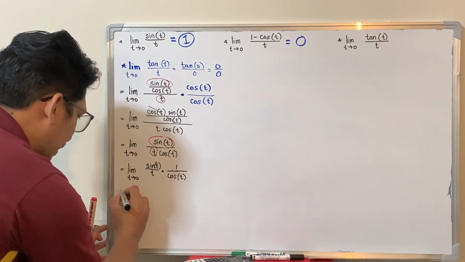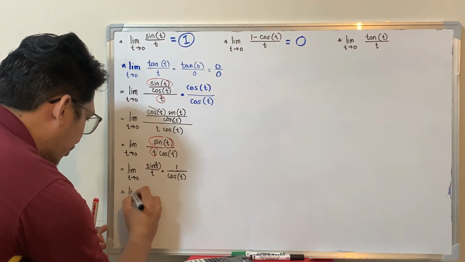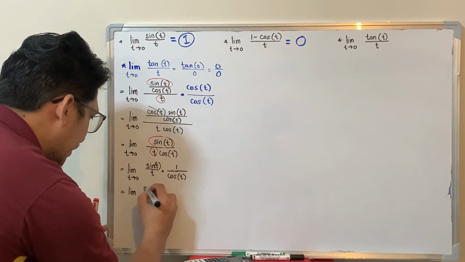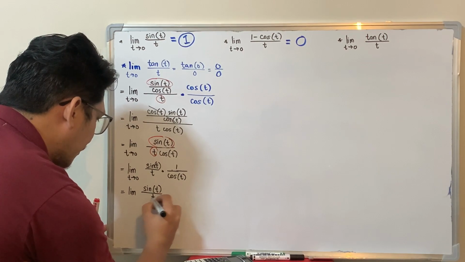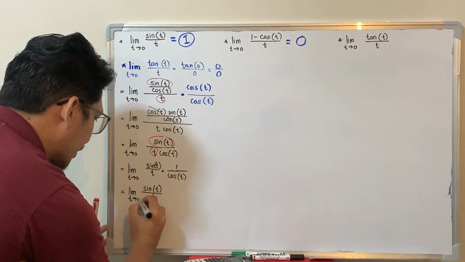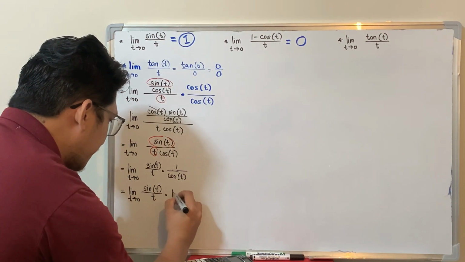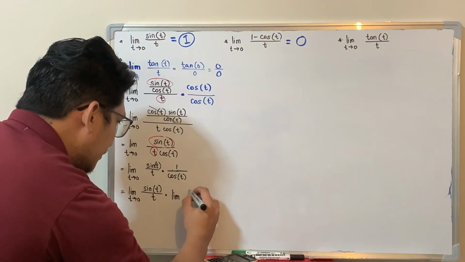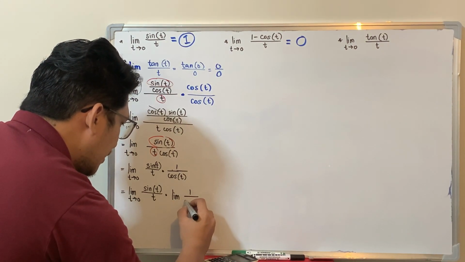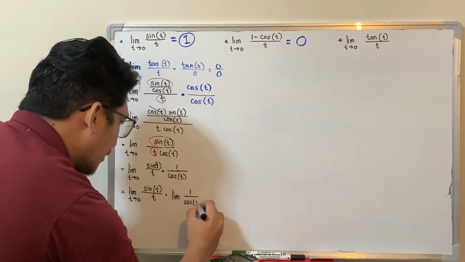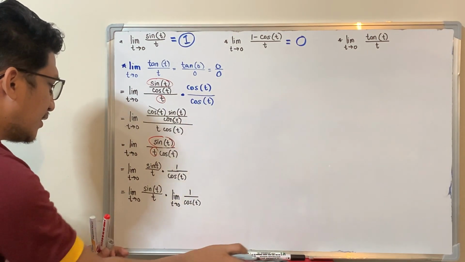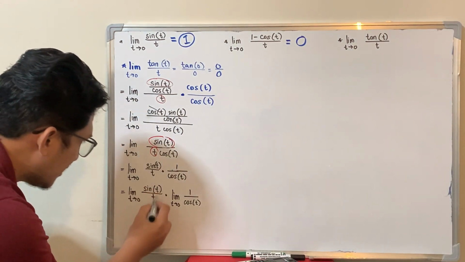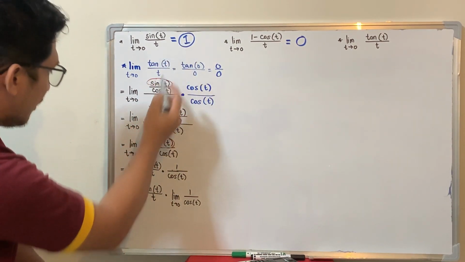Now again, same story, limit law. Recall limit law: you can solve a limit by separating the factors. So, the limit of sine t all over t as t approaches 0 times the limit of 1 over cosine t as t approaches 0. The first one is equal to 1.